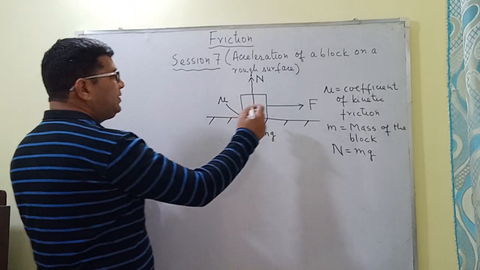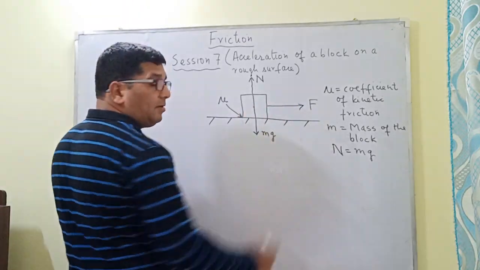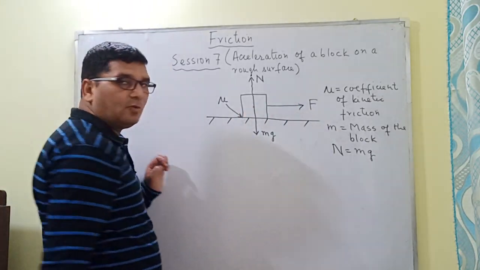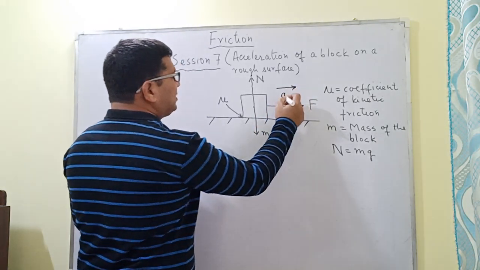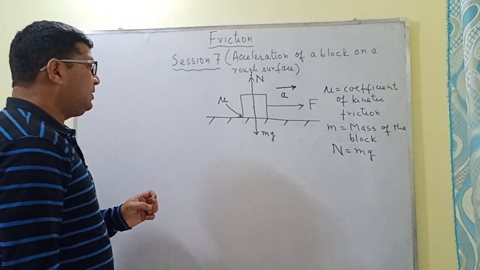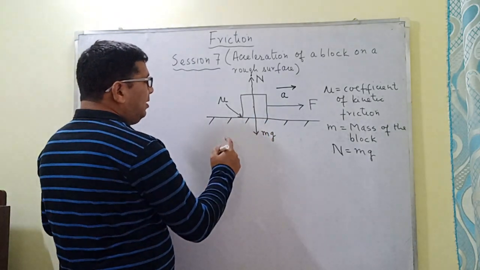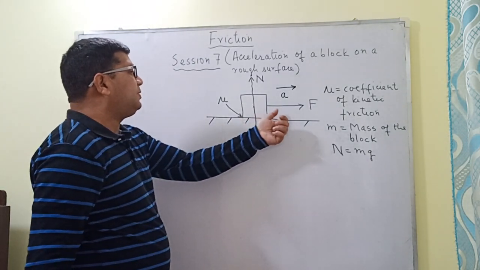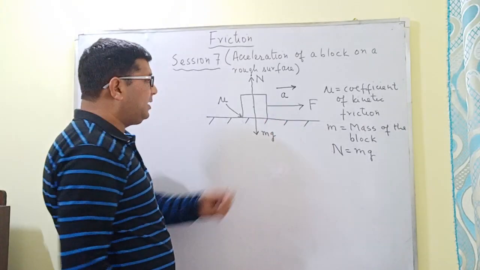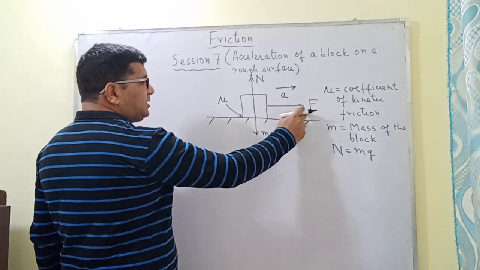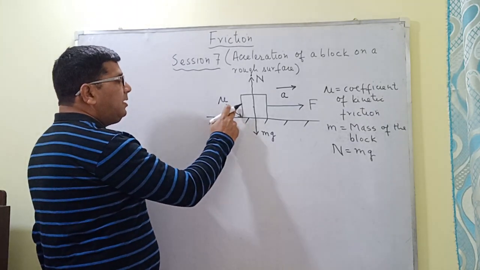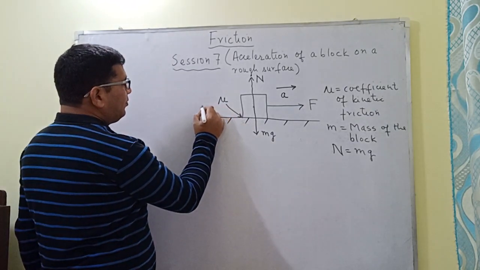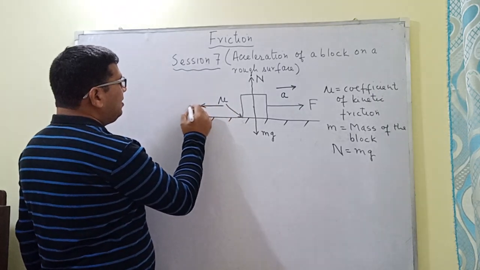And now, let us assume that this block starts moving in this direction with an acceleration a. So in this case, the net force on this block will be equal to the force applied in this direction minus the frictional force which will be acting in the backward direction.